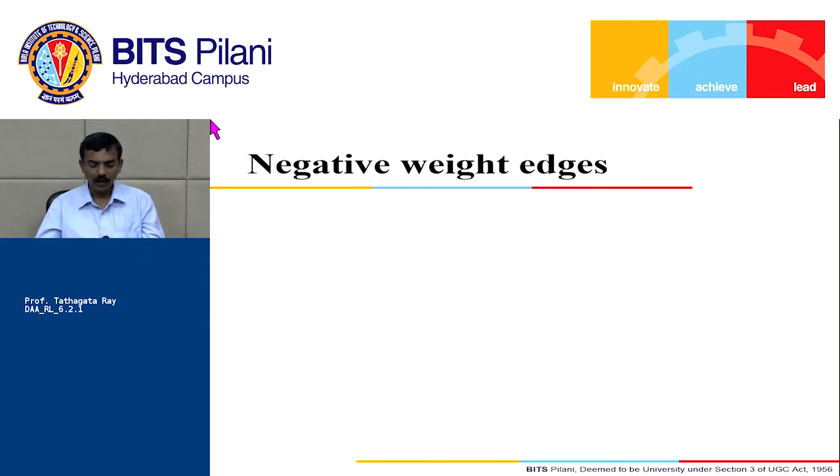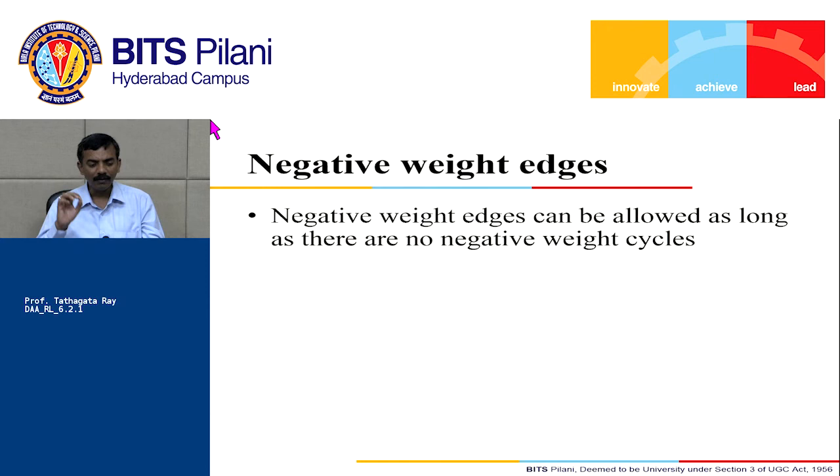Here I would like to comment that we will assume you can have negative weighted edges, that means weights could be negative. In certain algorithms, the assumption is that you cannot have negative weighted edges. In Bellman-Ford, you are allowed to use negative weighted edges as long as there are no negative weighted cycles.